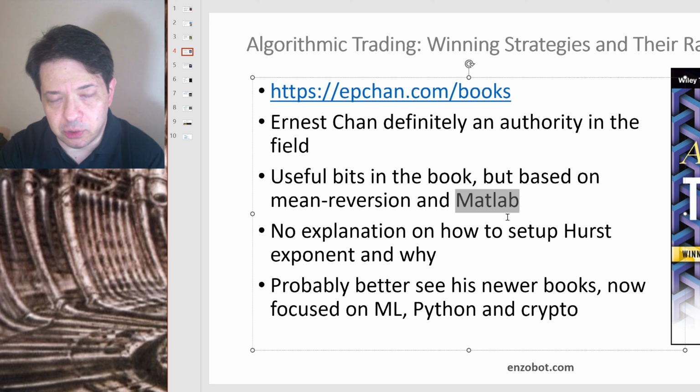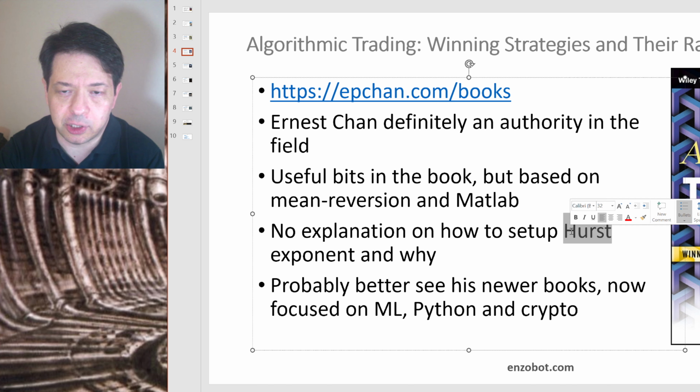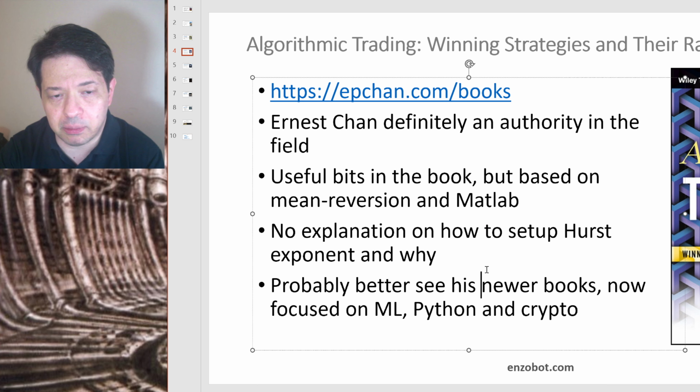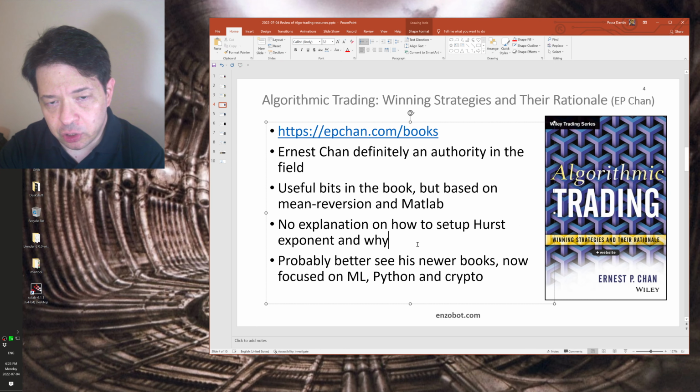More in practice, it uses MATLAB, at least for this book. And then there are concepts, some are explained well enough that can be useful, others are not, like the use of the Hurst exponent, which is pretty interesting. It's kind of like the foundation of also a fractal generation.